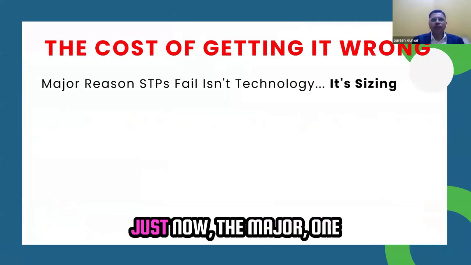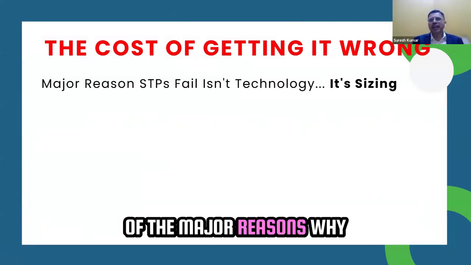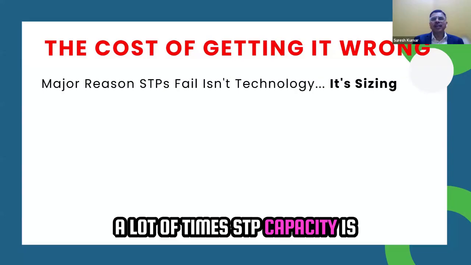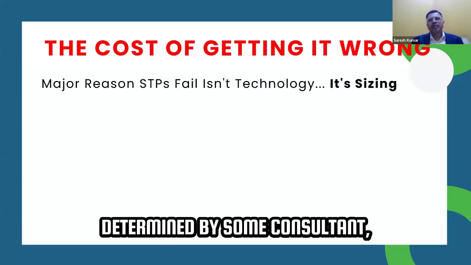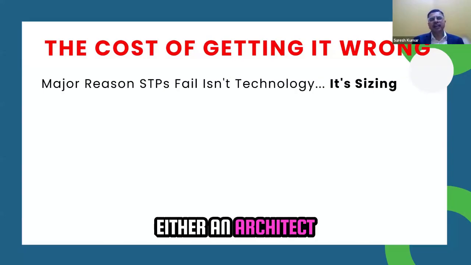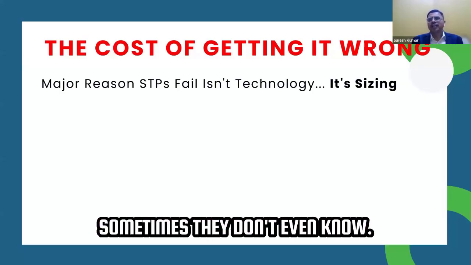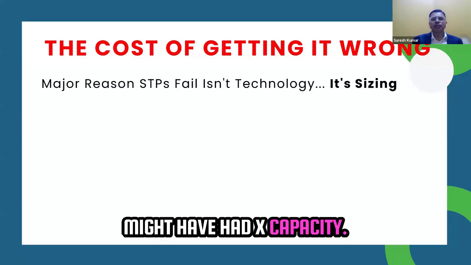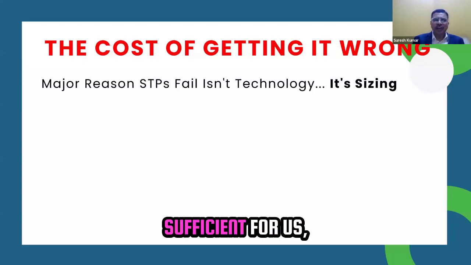Like we discussed just now, one of the major reasons why STPs fail is sizing. A lot of times STP capacity is determined by some consultant, either an architect or a MEP consultant. Maybe they have applied a scientific principle behind that, or maybe they have not. Sometimes they don't even know. Some other project where they had done similar work might have had X capacity, so they assume X capacity is sufficient for us.